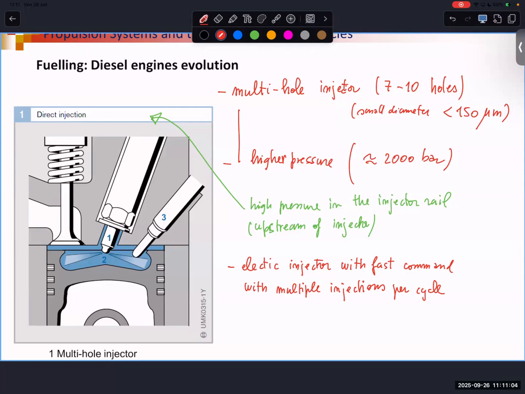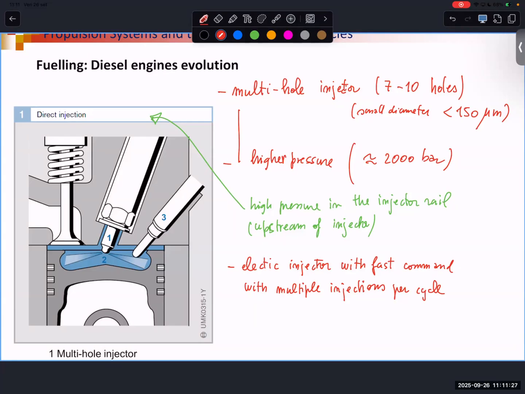So minimum nowadays, you can consider at least 2 injection pulses per cycle. So there is a small injection that is preparing the environment. So when you inject the fuel, the environment will be already ready with a high pressure related to the burning of the small amount. So at least a pilot injection with a main injection at present.